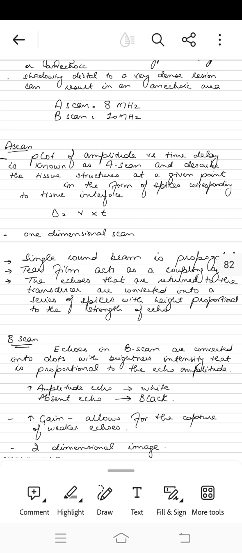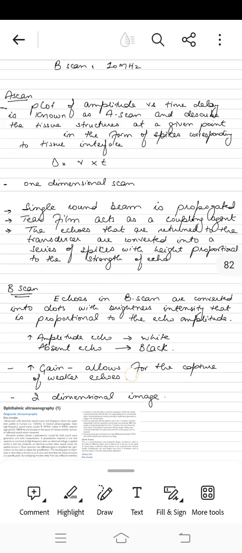It describes the tissue structures at a given point in the form of spikes corresponding to tissue interfaces. It is a one-dimensional scan, and a single round beam is propagated.